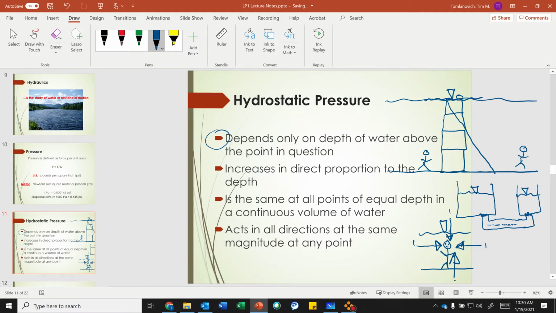The pressure is the same in all directions. So these are at the same depth and same magnitude in all directions. It doesn't matter if it's horizontal, vertical, up or down or anything. It's the same pressure.